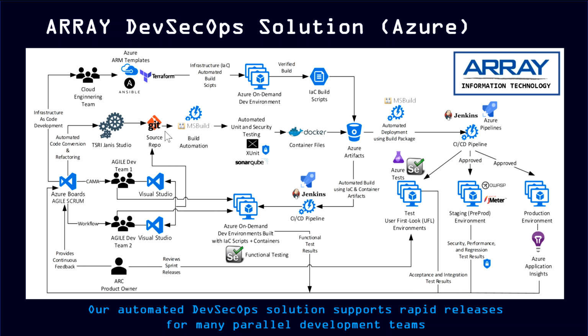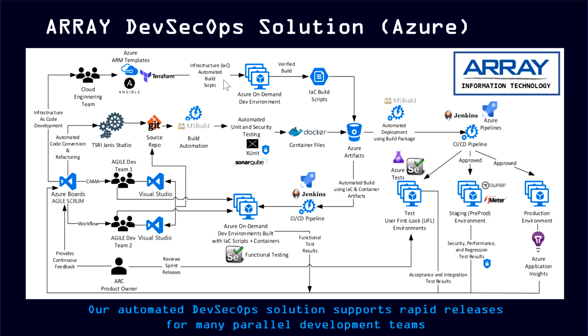We're going to containerize it, so we will be getting container files to deploy to our Azure cloud environment. On the very top, we also have our cloud engineering team who's going to be working on those infrastructure as code components that Frank stated earlier. We're going to be using the native Azure ARM templates along with Ansible and Terraform to build out that cloud infrastructure through code.